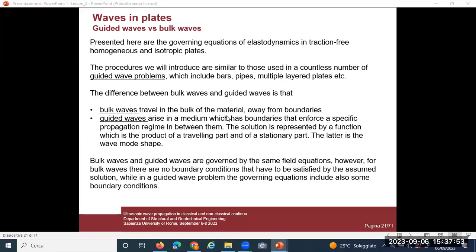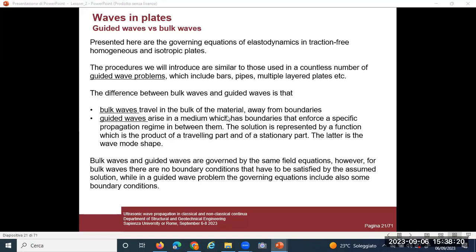Basically, the difference between bulk waves and guided waves is that bulk waves travel in the bulk of material, totally away from boundaries, while guided waves arise in a medium which has boundaries that enforce a specific propagation regime in between the boundaries.